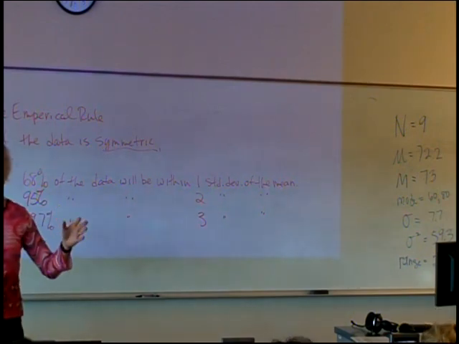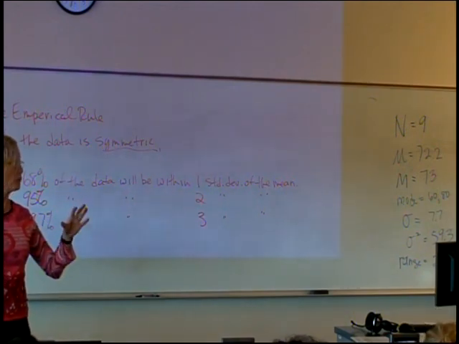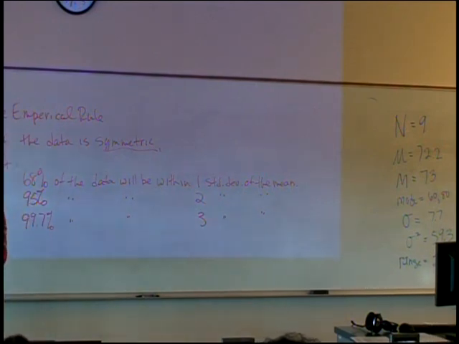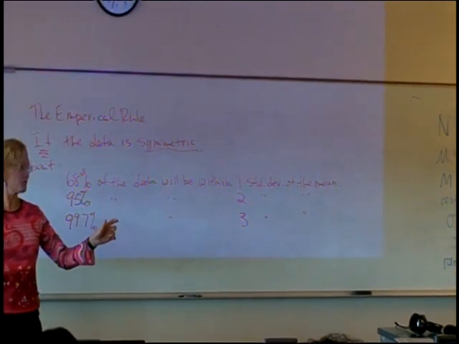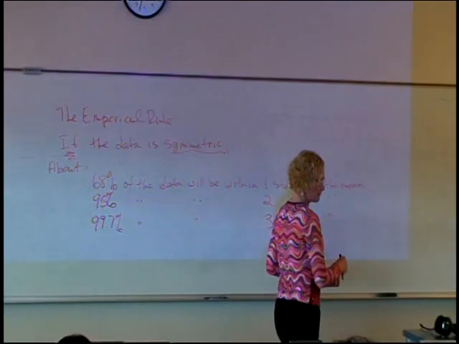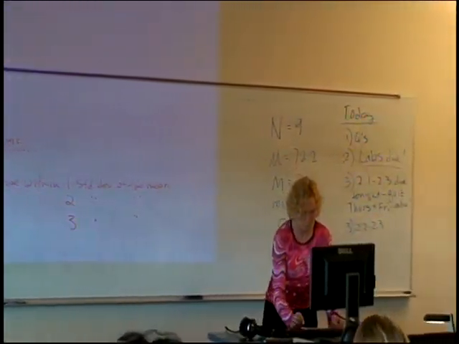Okay, so that's a really good thing for us to know. You've got symmetric data, which is really, really super, super common. Okay? And if you go 3 standard deviations away from your mean, it's going to be really unusual to find a value that's further away than that. Okay? So let's try an example problem here.